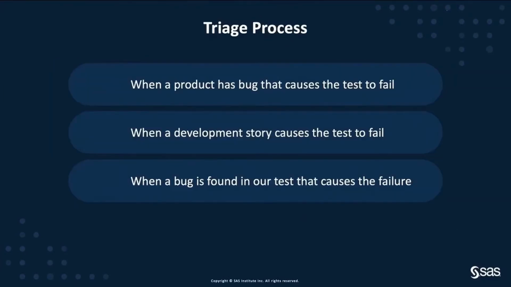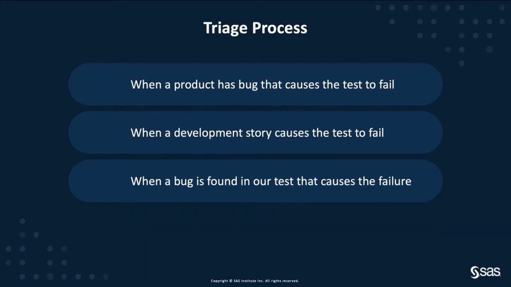So what we're working on right now is a triage process for any of our tests that fail. This can range from bugs in the software, in the product, that causes the automation to fail, or development changes in how the UI works, like maybe even a public API change. And so we have a test that is using that public API, so now we have to tweak our test to that.